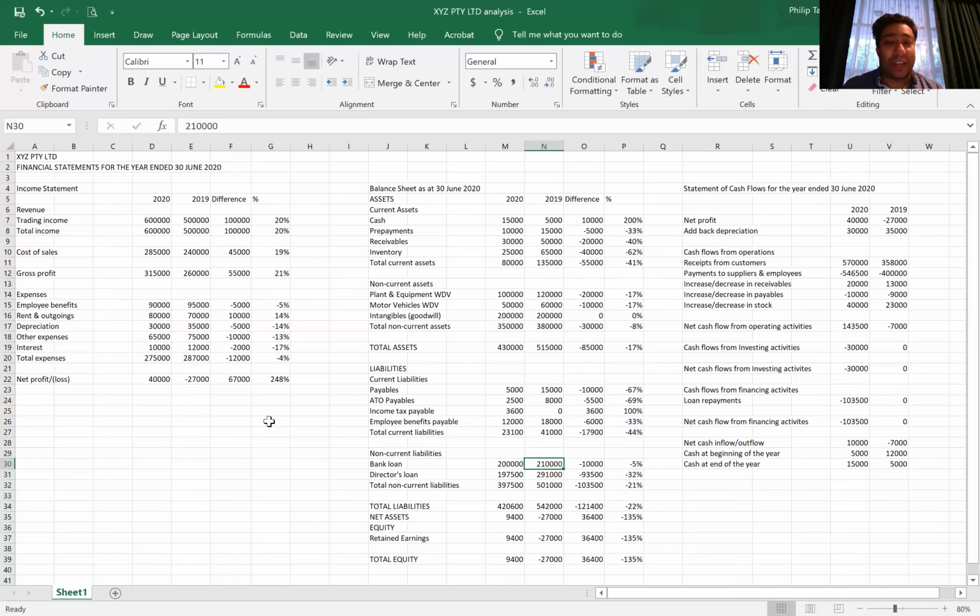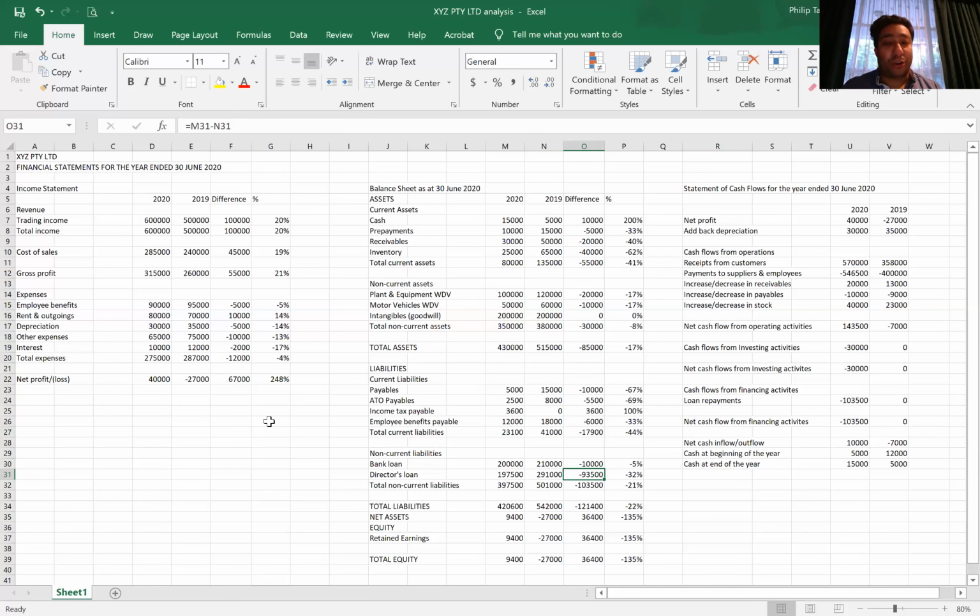So we can say that this money, the director's loan, is what the company needs to pay to the director at 2019, but at 30 June 2020, it was $197,500. So the company has made repayments of $93,500 to the director. And in this instance, the director is entitled to take that money, and they don't need to declare it in their tax returns because it's a loan.